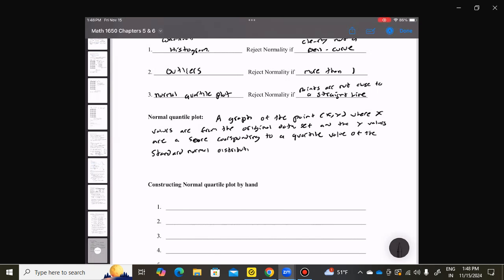In essence, we're trying to almost force the data points to be at certain intervals, and if they don't line up with a straight line, then they're not at those intervals.